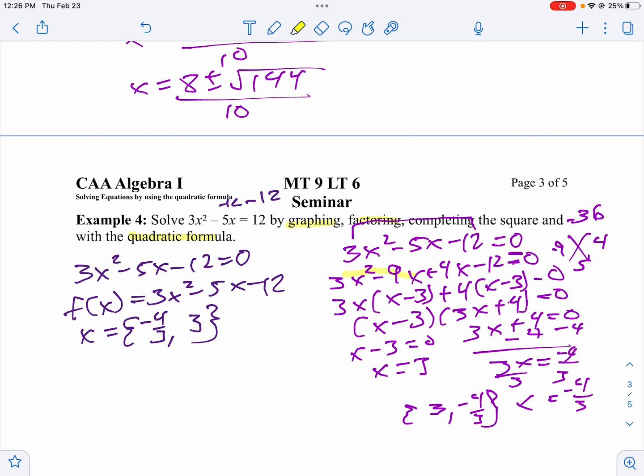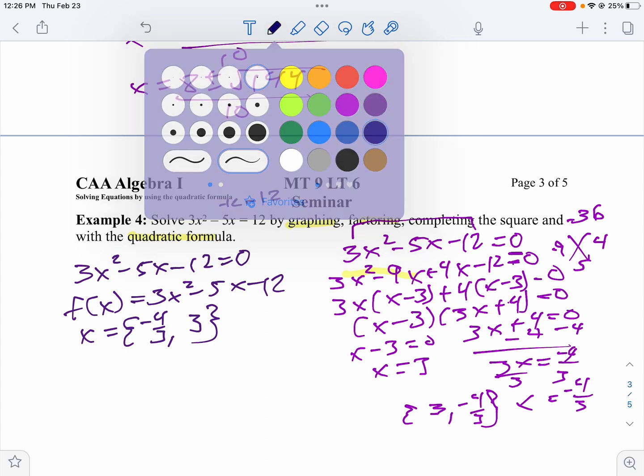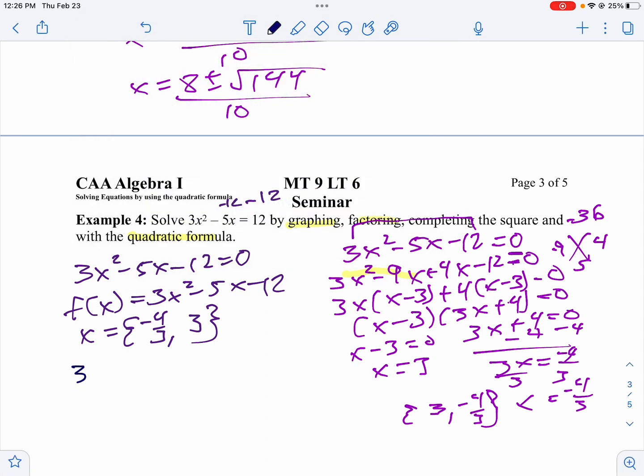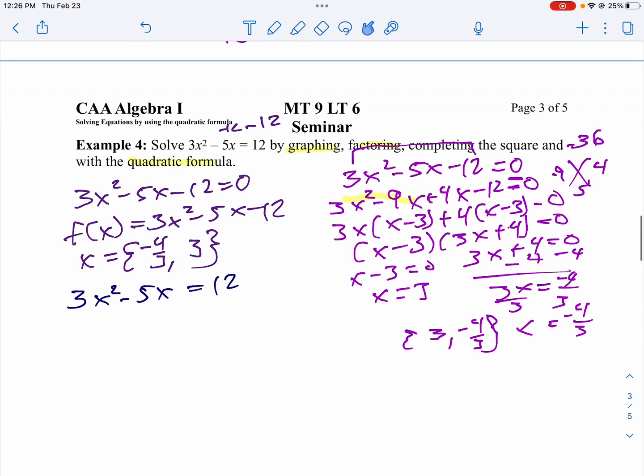Let's do it by completing the square. That's the one where we don't have to make it equal to 0. So I'll go back up here: 3x squared minus 5x equals 12. But remember, your leading coefficient has to be 1 when you complete the square, so I'll divide everything by 3.